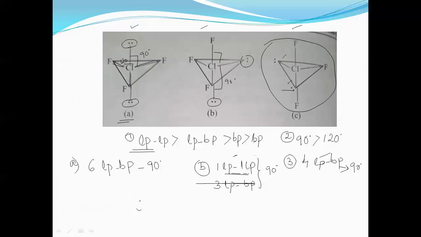So C is the most stable structure because of minimum repulsions.